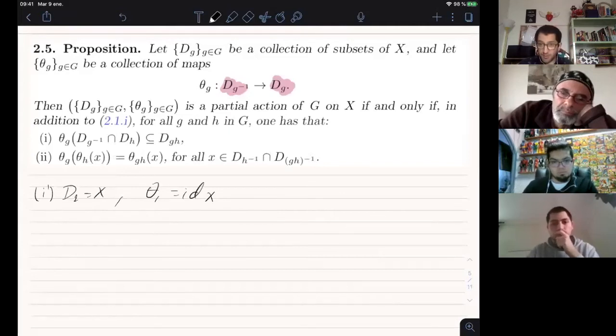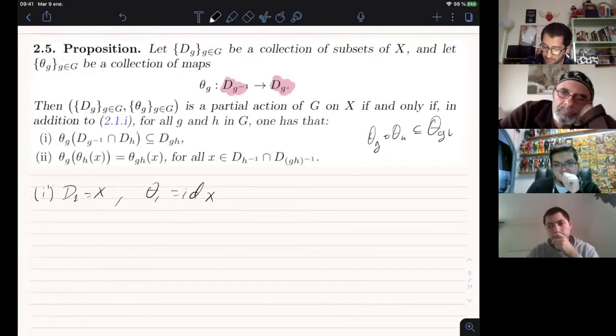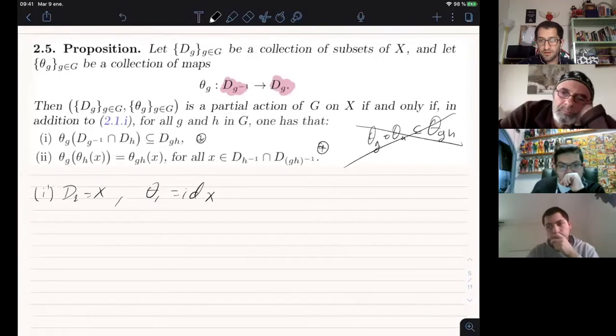If we take away the condition 2, which was this thing, we need to add these two conditions to get again a partial action. And this is going to be an equivalent definition, and it's going to be very useful in the next section at least.